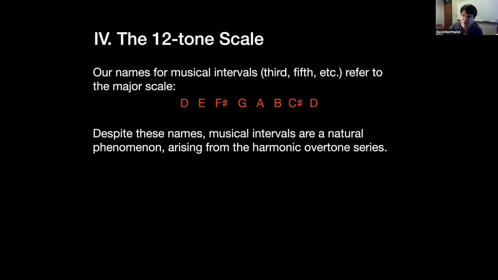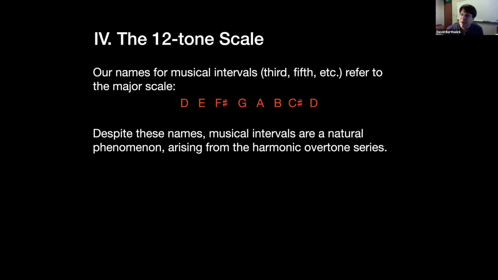So, for example, they're universal. All cultures hear the same intervals because that's basically built into how vibration works and how our ears detect it. So we all agree everywhere in the world that two notes an octave apart sound the same. And we all distinguish a fifth as a special interval.